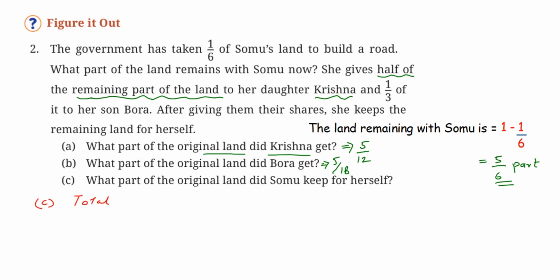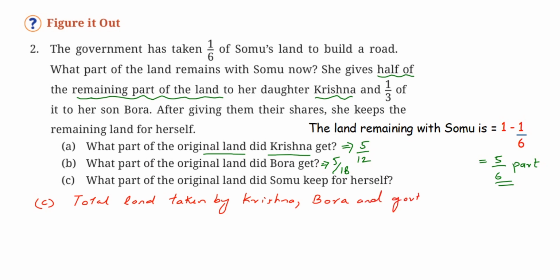So total land taken by Krishna, Bora, and also the government. We have to include that government land which is taken. We'll add these three fractions.